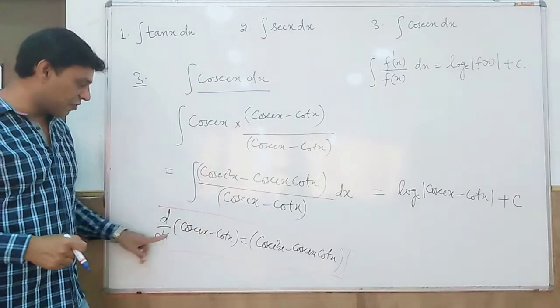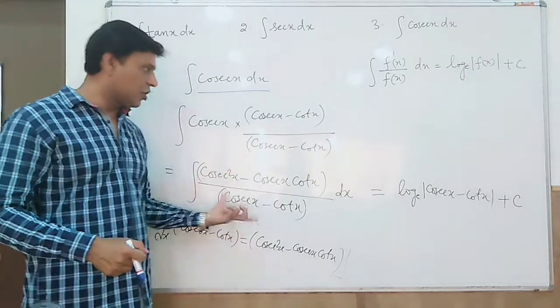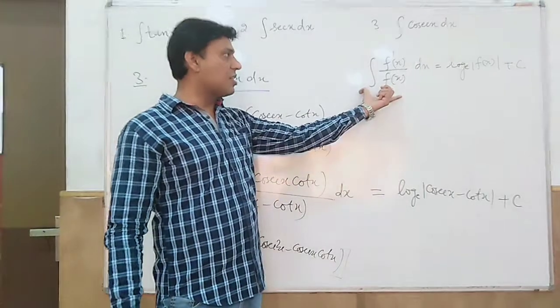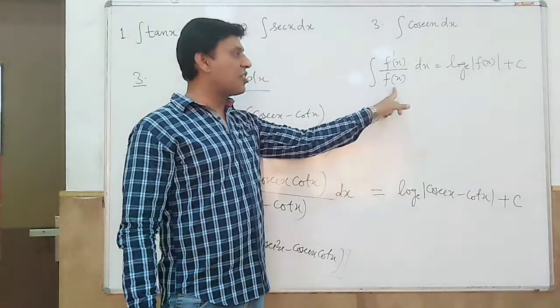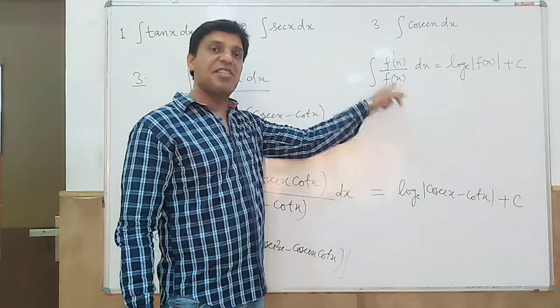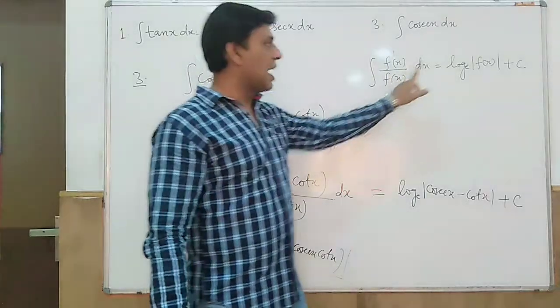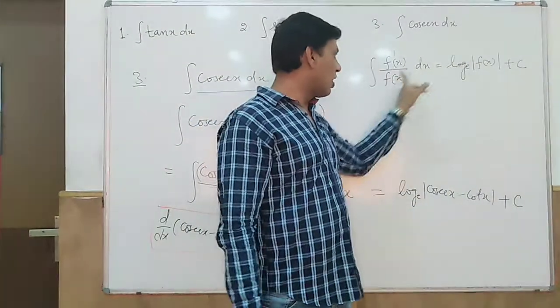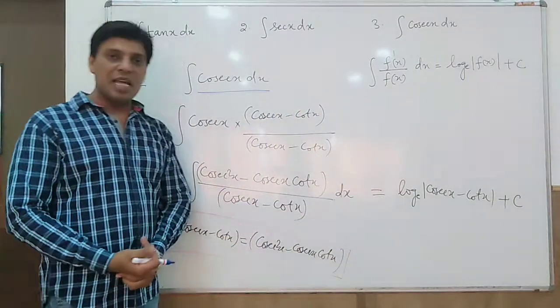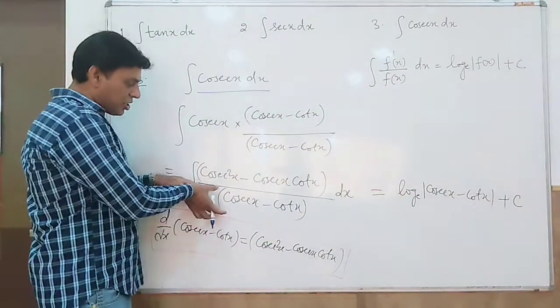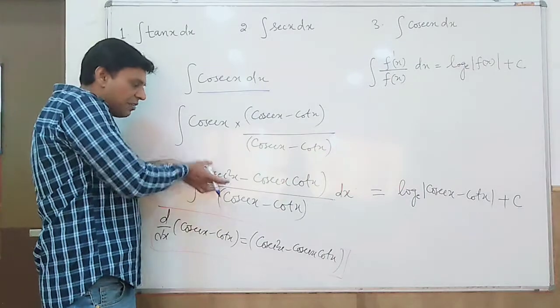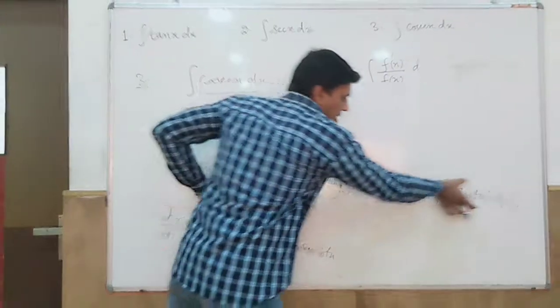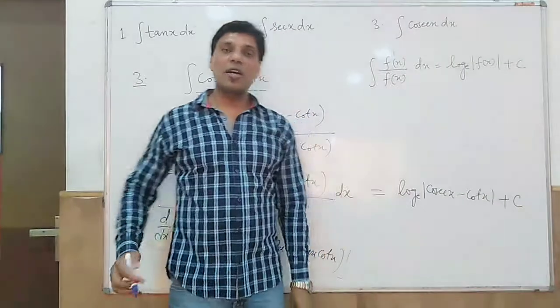The differentiation of cosec x minus cot x is this numerator; you can check it. When we have a function in the denominator and its derivative in the numerator, the answer is log f x. So we apply the same logic here, and the answer is log of cosec x minus cot x.